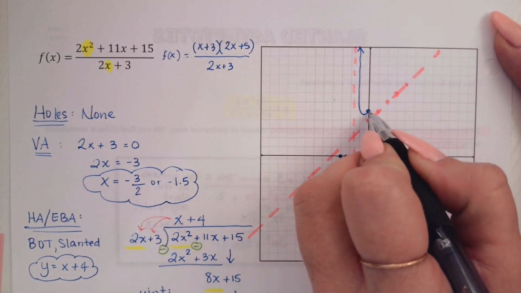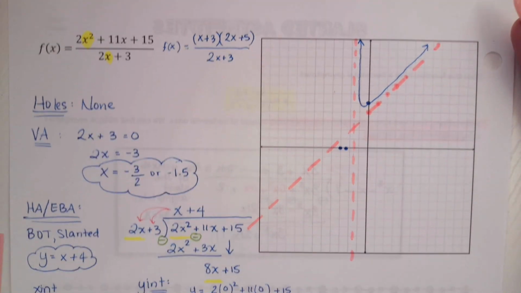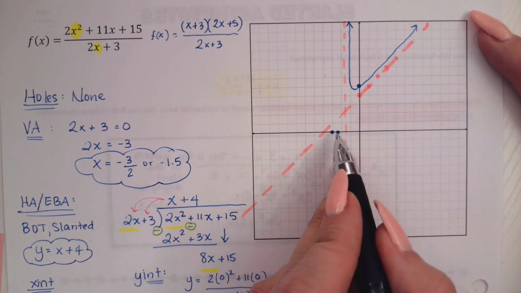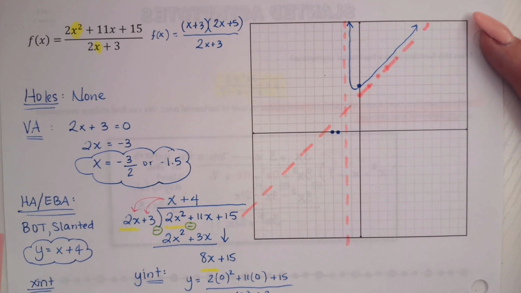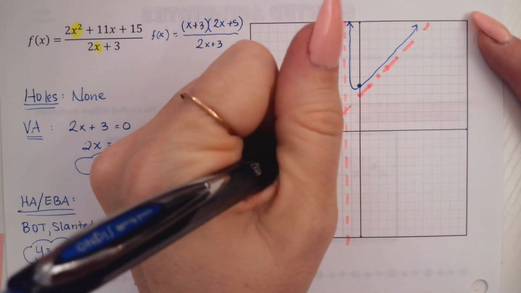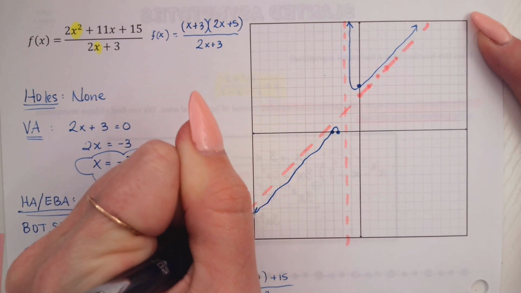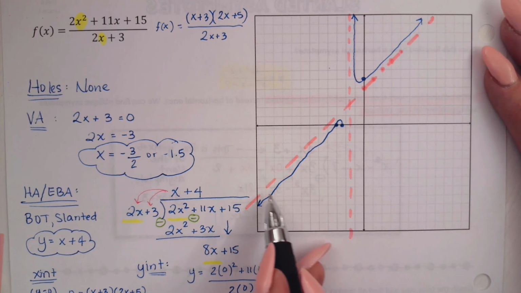It'll follow the slanted asymptote as it goes up and right. The bottom one, what do you think is going to happen here? You think they're just going to connect? It'll be a little bloop, where it just kind of goes up, passes back, goes back through.